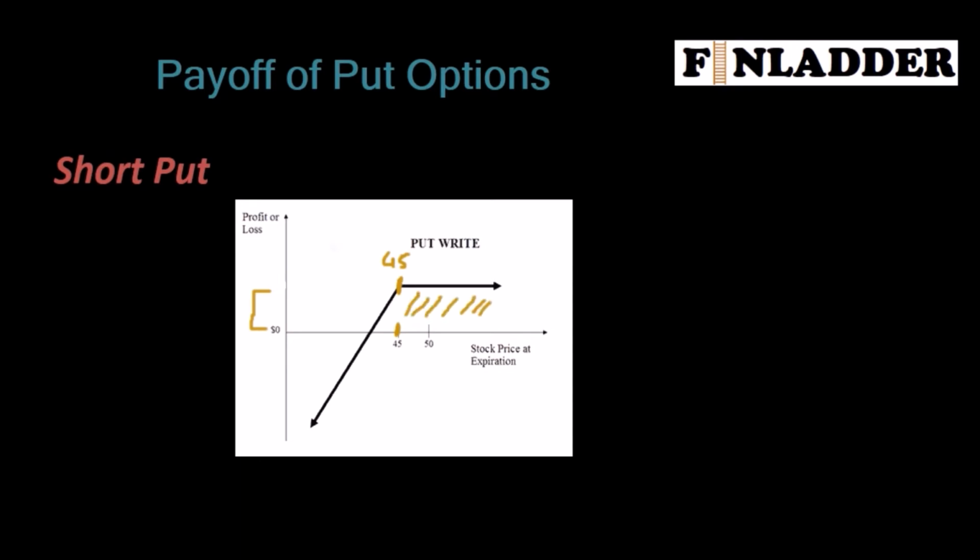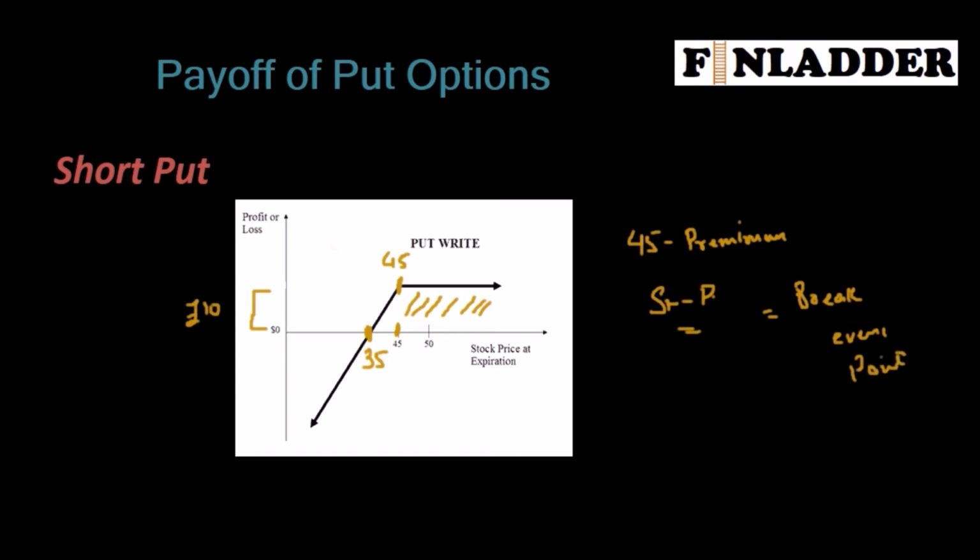Let's suppose this is 10 rupees. So here we would have 35. We take 45 minus the premium, that is the strike price minus the premium, and that is how we find the break-even point.